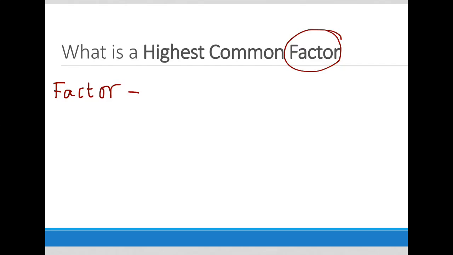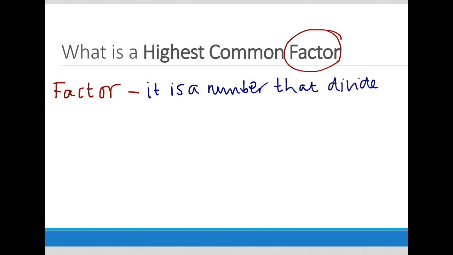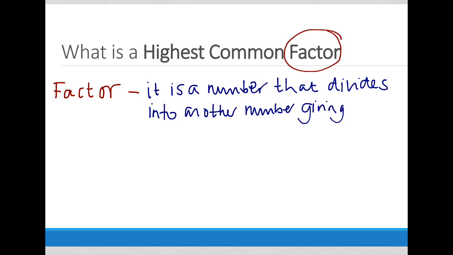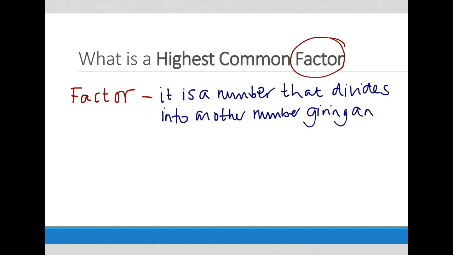One of the ways I like to remember what a factor is, I like to say it is a number that divides into another number giving an integer answer.